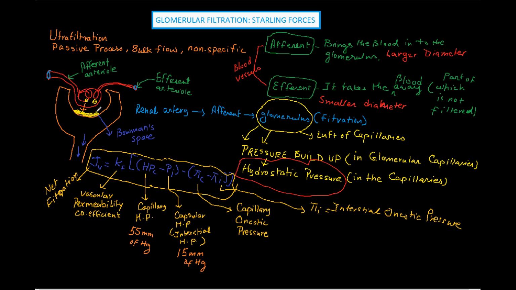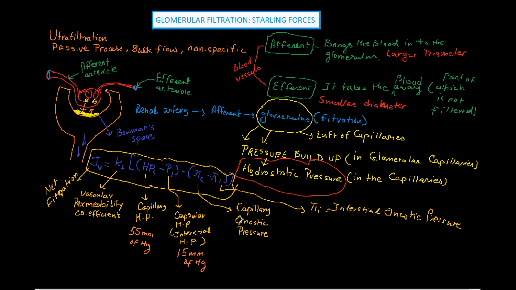There is already fluid there, and that is pushing these structures up and resisting the flow down. There is a fluid here in the Bowman's space that is pushing it back. So that is trying to reduce the capillary pressure, or trying to stop it, whatever way you want to take it. But that's what it is.